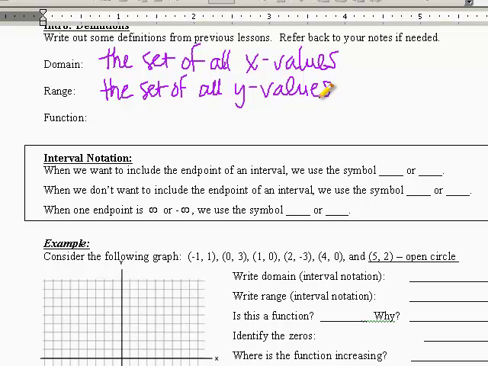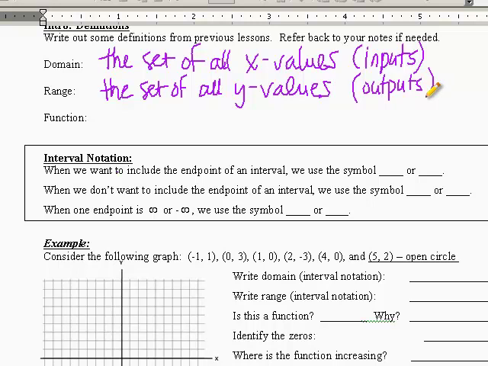And let me just make sure that we're okay too with another word we used: for domain, they also talked about inputs, and I want to make sure you know that word. And for range, they also talked about calling them outputs. So we'll make sure that we have those in the definition as well.